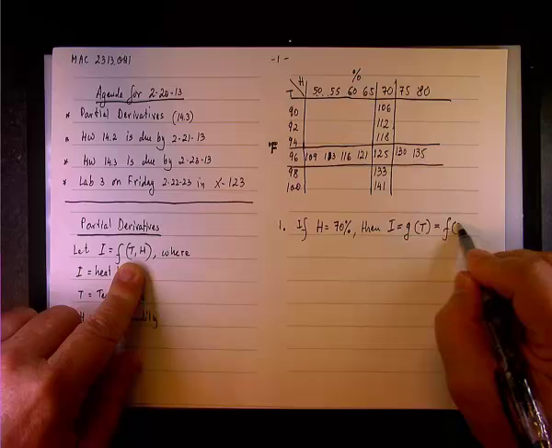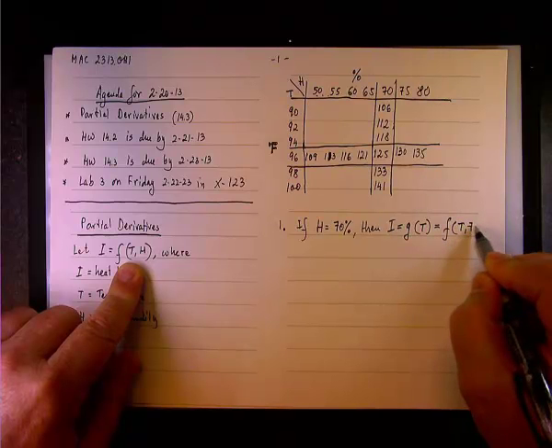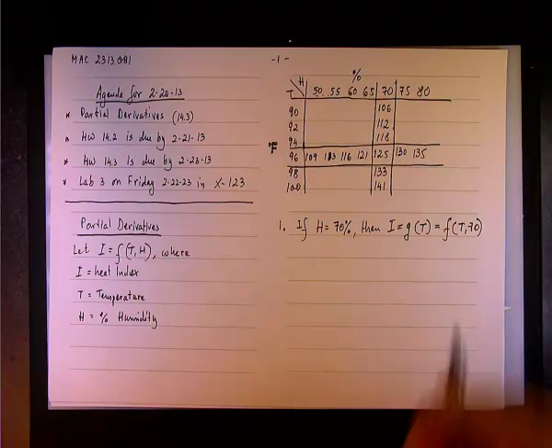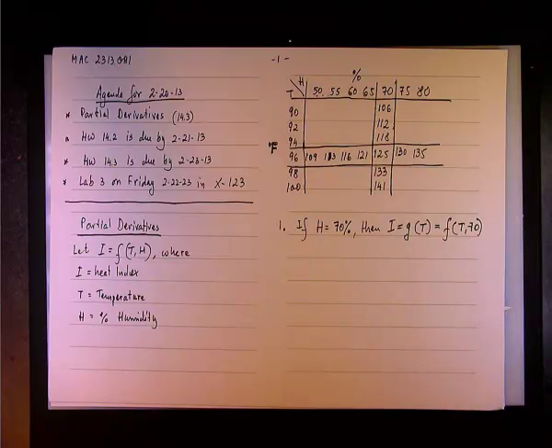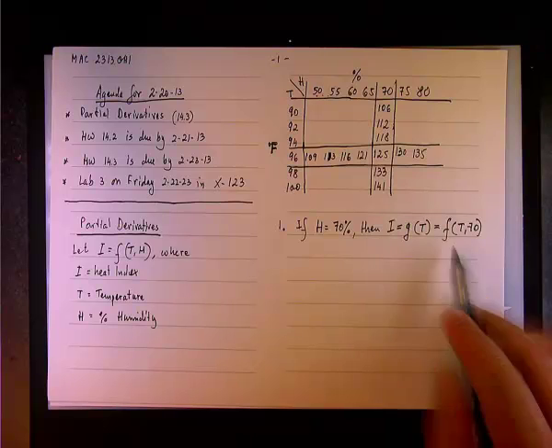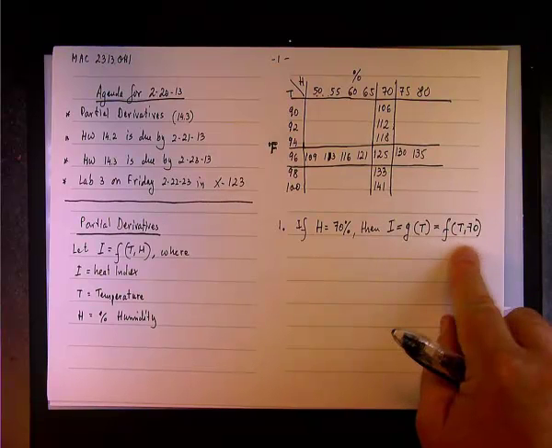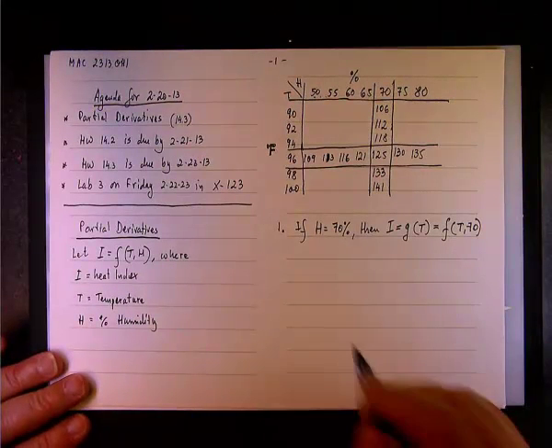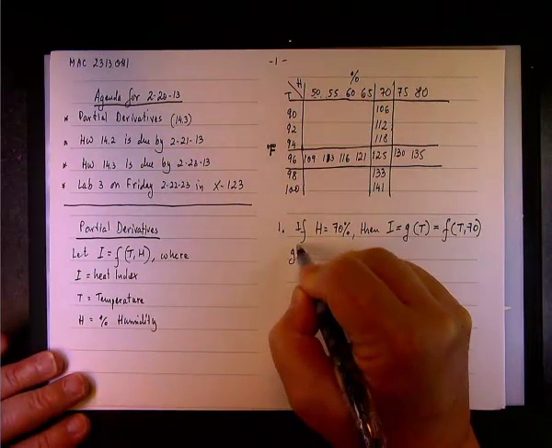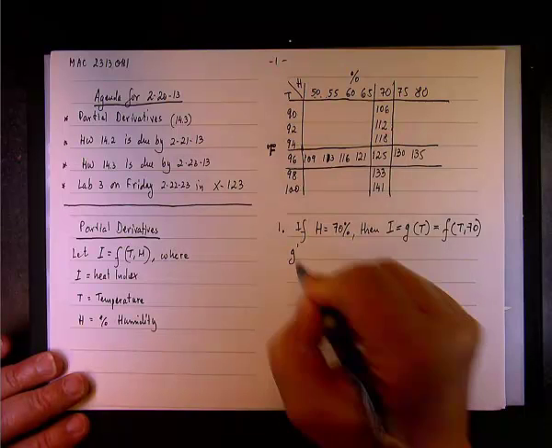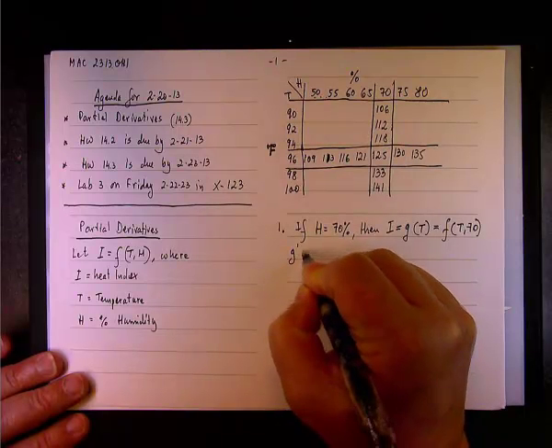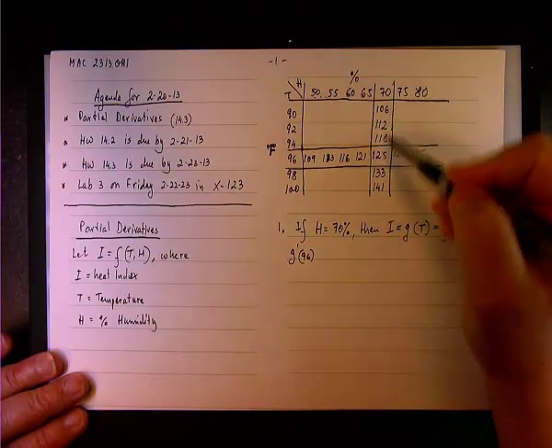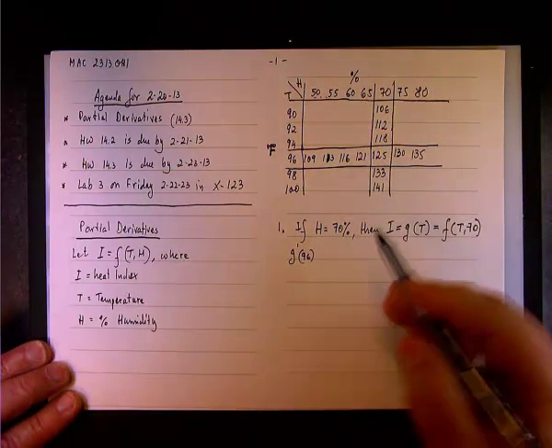But in reality, we can write it as a function of f, which is a two-variable function, f of t, comma, and because h is a fixed value at 70, we'll write it t, comma 70. So we have one variable really, but we still write it as a two-variable function.